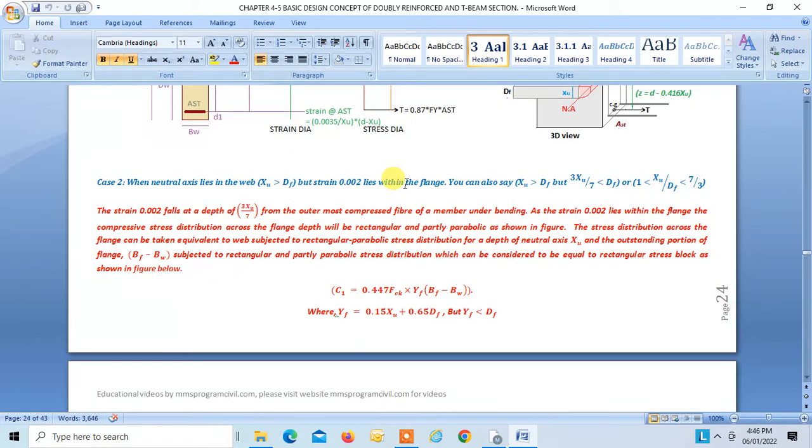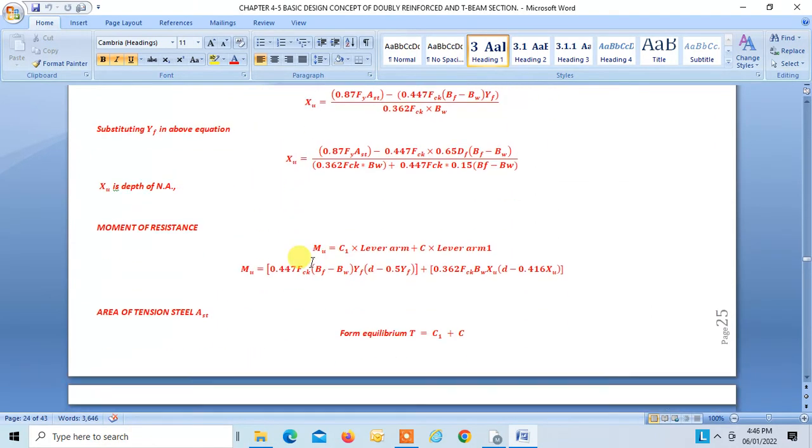After that, the parabolic portion starts, right? So you can also say that your XU is greater than Df and 3 by 7 XU is less than Df, or you can say XU by Df is greater than 1 and less than 7 by 3. All three cases are the same, right? So that is this case.